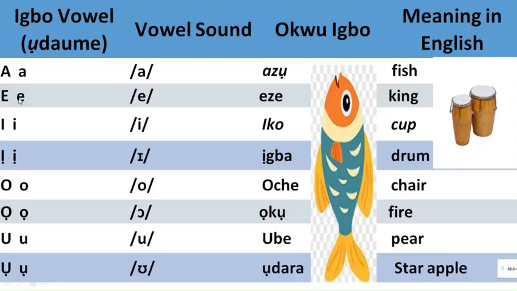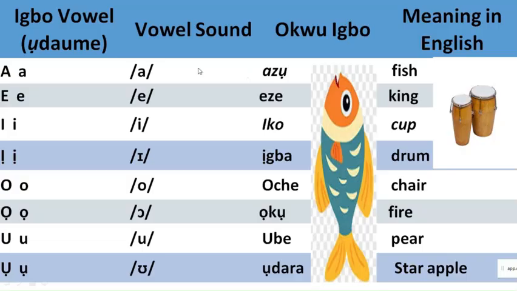A, E, I, I, O, O, U, U. Beautiful. So we are going to learn how it sounds in a word.